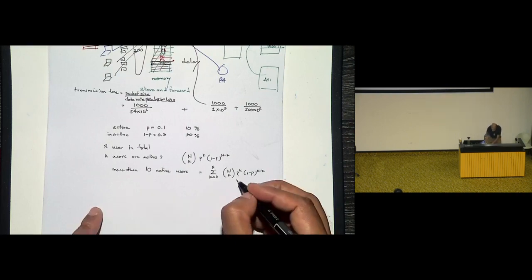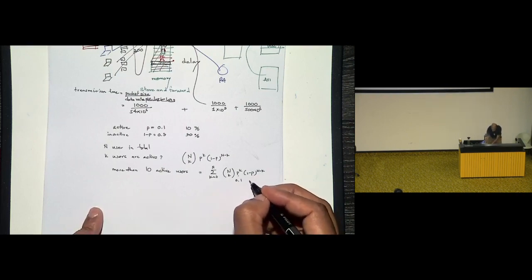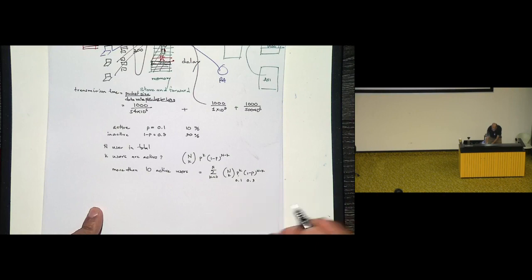Right, this. So p we already know is 0.1. This is 0.9. So now I can play with different values of n and see what I'm comfortable with, right?